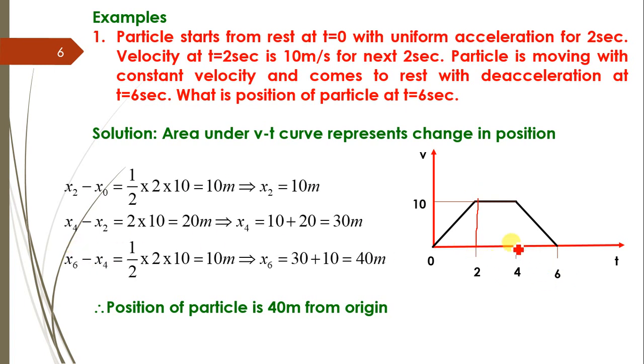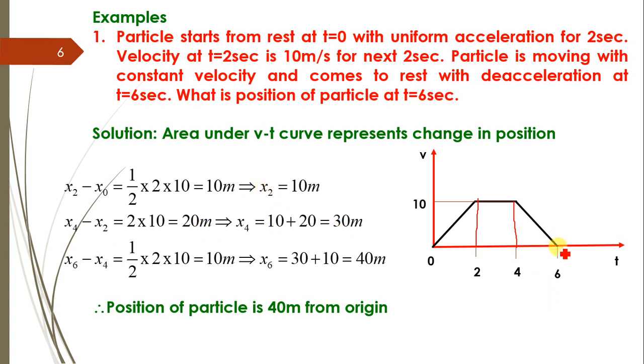Then from 2 to 4, x4 minus x2: the shape is a rectangle, so the area is base multiplied by height, 2 into 10, that is equal to 20. So x4 equals x2 plus 20, so 10 plus 20 equals 30 meter.